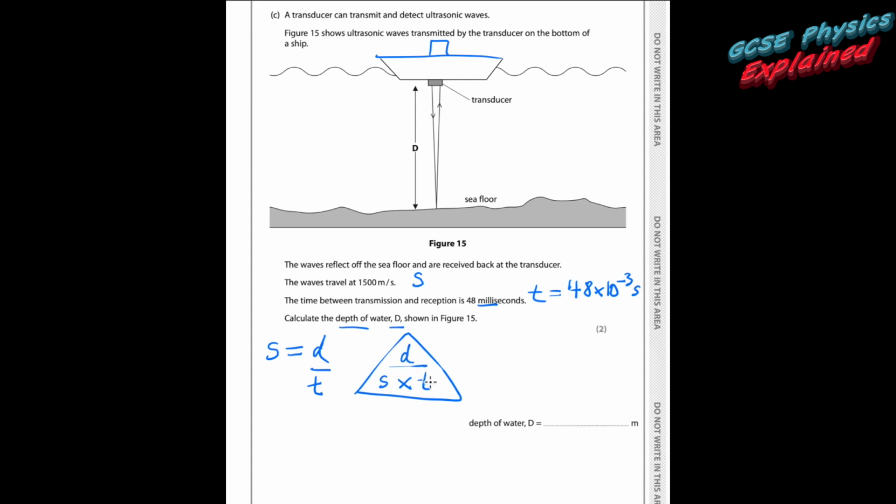Speed and time goes there. Cover it up, so d equals speed times by time. Now that distance though is going to be the distance there and back. So we will have to remember to half it to get the depth, which is just there. Put the numbers in.